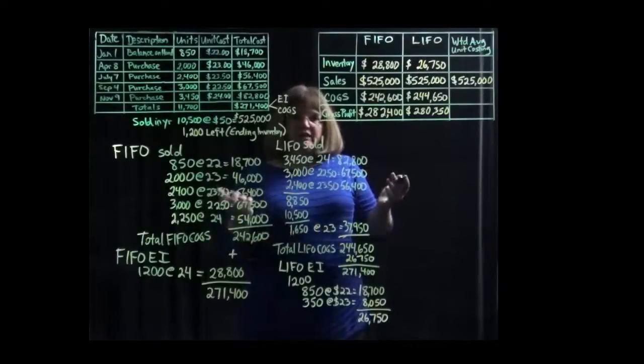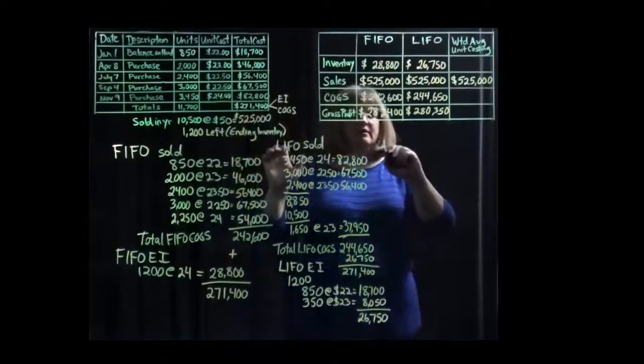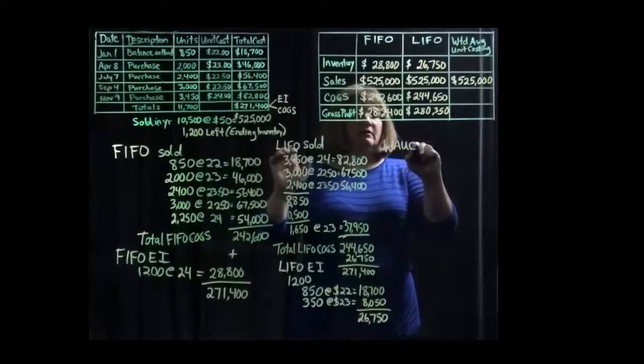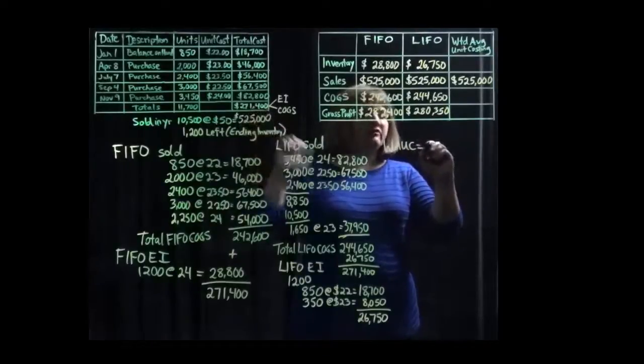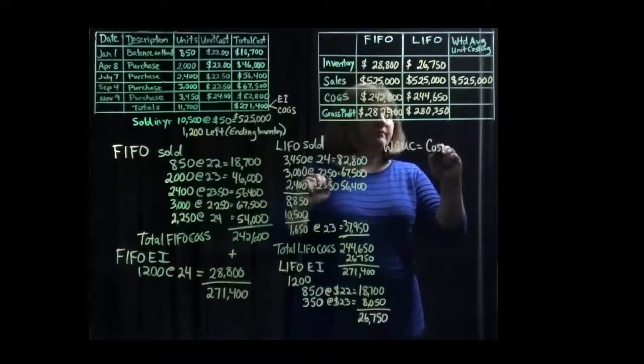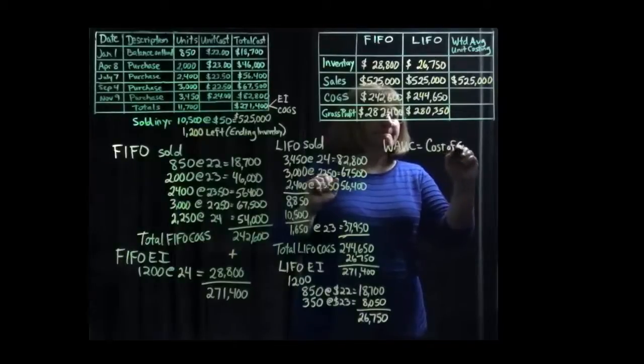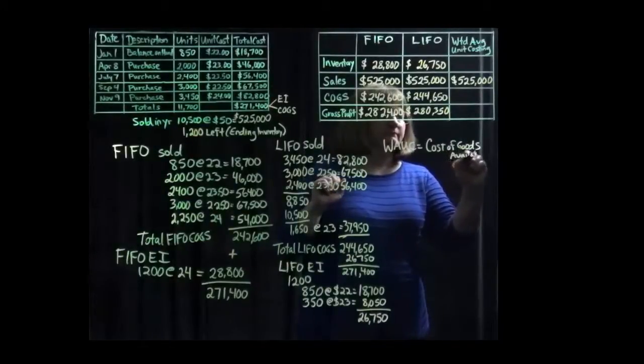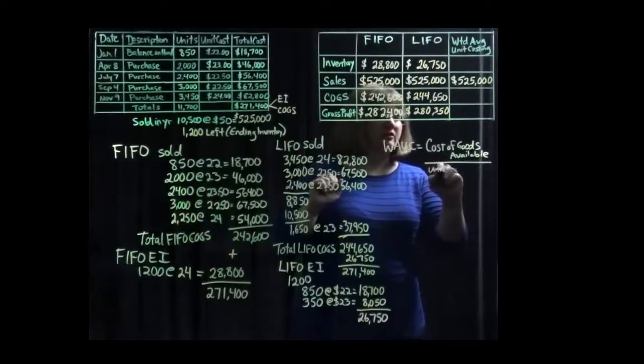So how do we calculate that weighted average unit cost? We simply take the total cost of goods available and we divide it by the units available.